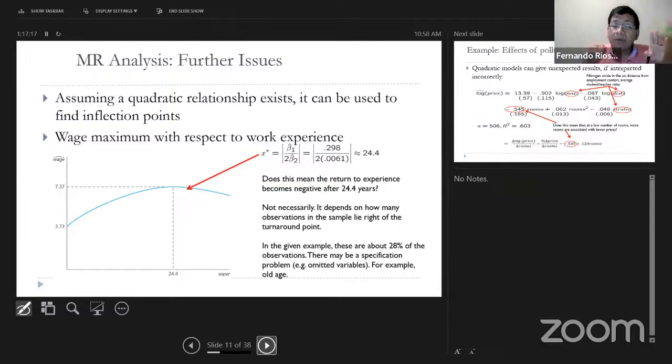Now that we have introduced the idea of quadratic effects again, it's important to understand that the reason why we're including these quadratic effects is twofold. Number one is to allow for more flexibility in the model, because we always want to capture non-linearities in a model. It's preferable to capture non-linearities because they always exist. But the other one might be because there is a theoretical reason why you believe there should be a non-linearity.